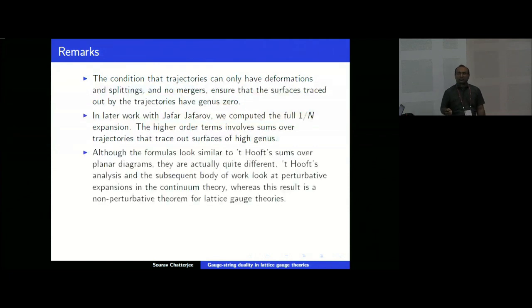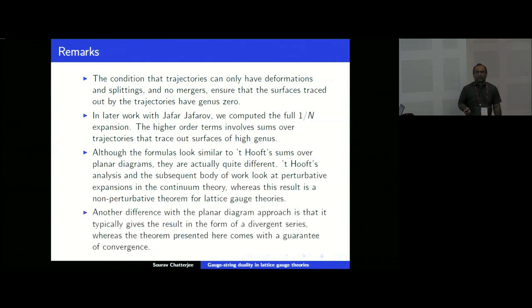It looks similar to this planar diagram thing, but these are actually different things. These works look at perturbative expansions in the continuum theory, whereas this is a non-perturbative theorem for lattice gauge theories in the discrete setting. And this planar diagram approach typically gives the result in the form of a divergent series, whereas here you have a guarantee of convergence.